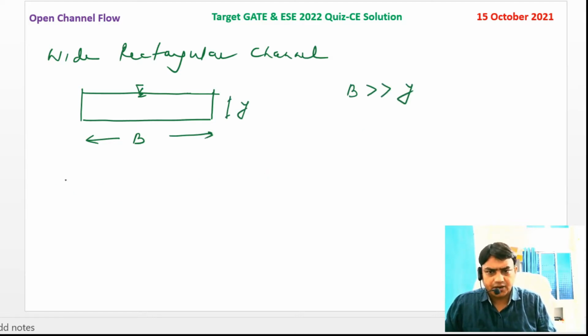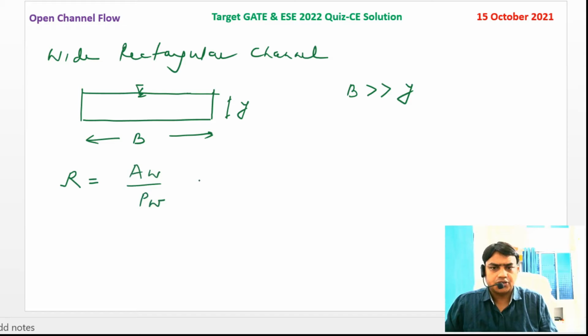If I compute the hydraulic radius, what is hydraulic radius? It is the wetted area divided by the wetted perimeter. The wetted area can be written as B into Y and the wetted perimeter can be written as B plus 2Y.